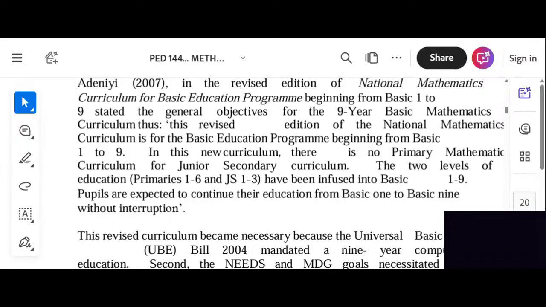But now the new curriculum seems to have compressed both primaries and JSS classes together into basics. So we have them as basic 1 to 9. Basic 1 to 6 seems to be for the primary school, 7 to 9 for the JSS. Pupils are expected to continue their education from basic 1 to basic 9 without interruption.